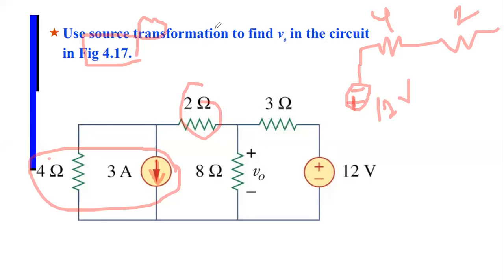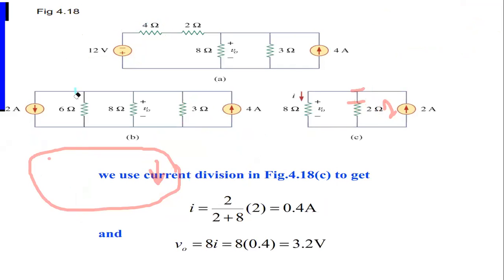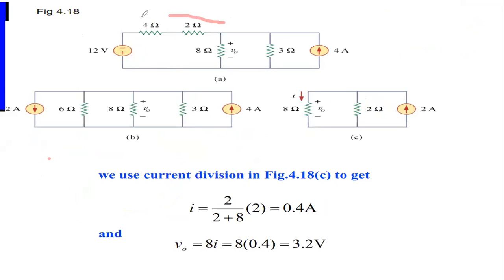Now once we have done all this, it is very easy to see that these two resistances, 4 and 2, are in series. Now this is the simplification.